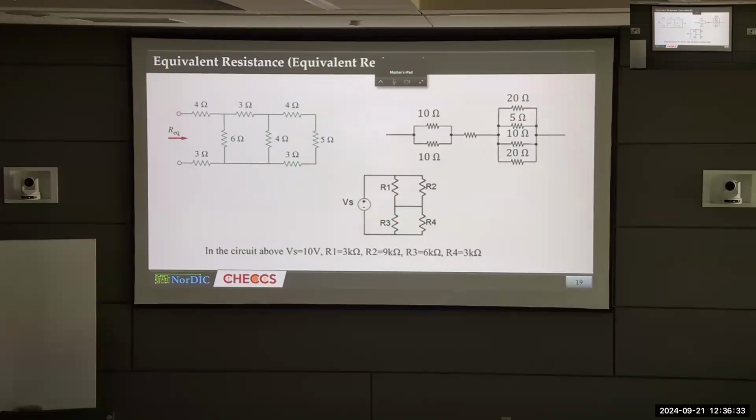Yeah, so this is an exercise that you can try here, I think, for calculating the equivalent resistance. For the top 2 circuits, you don't have any voltage source. I am just asking you to calculate the equivalent resistance only. There is no voltage source, so there will be no current.